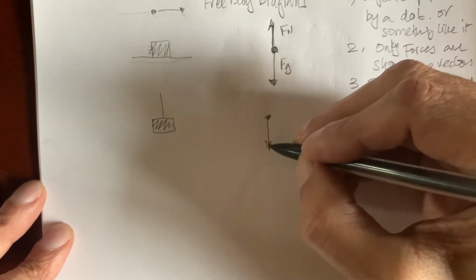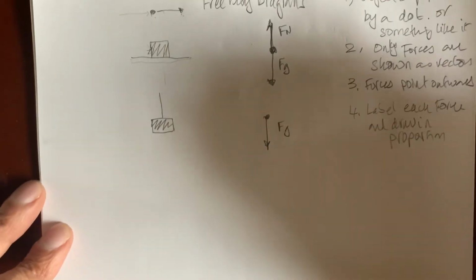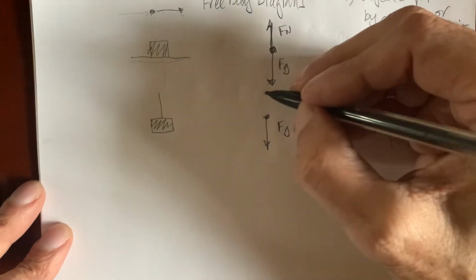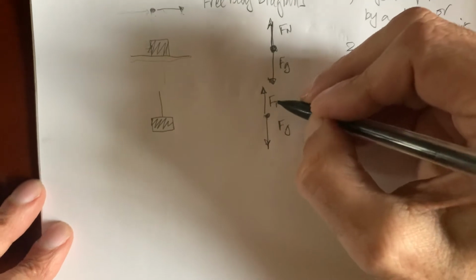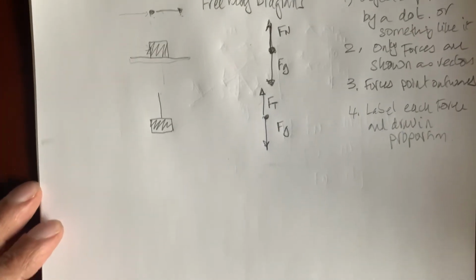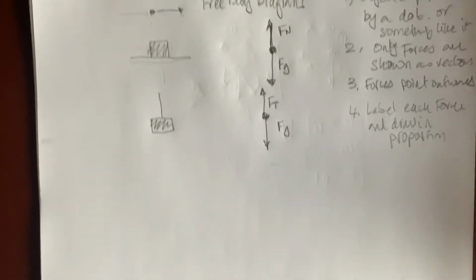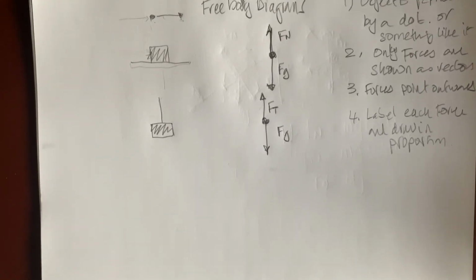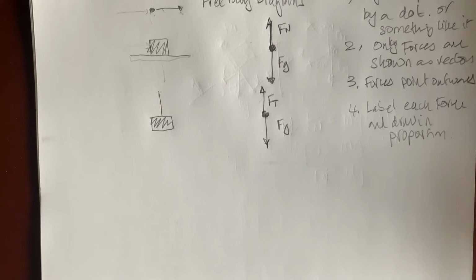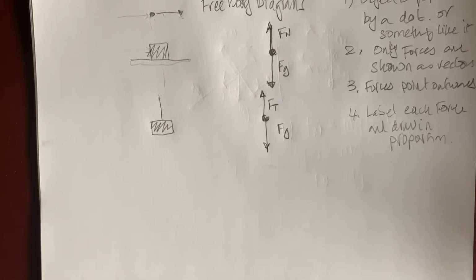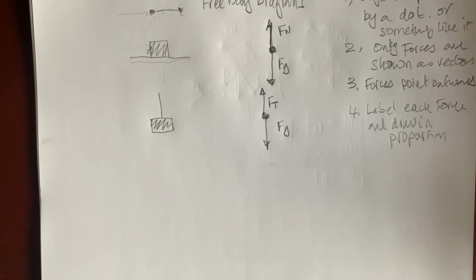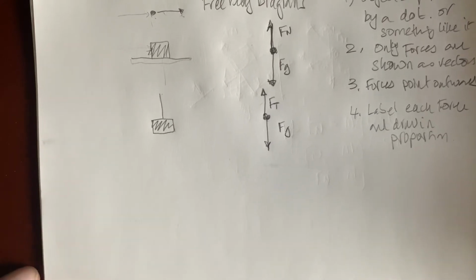We again have gravity acting downwards, and yes, you guessed right, tension acting upwards, Ft. And these are also equal in size, showing that the object is basically in constant motion or not moving at all, meaning it's not accelerating.